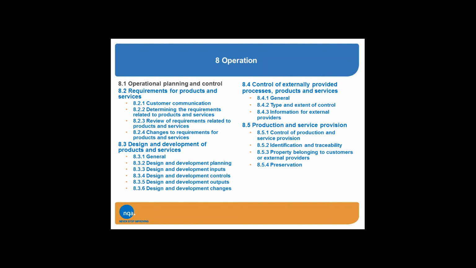Preservation, again, I think we're familiar with that. Post-delivery activities, no real change there from 2008. Control of changes, important as always to the quality profession. Release of our products and services, again, nothing terribly new there. And of course, control of non-conforming outputs.